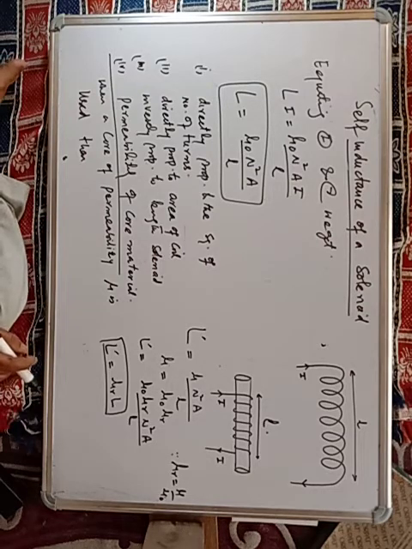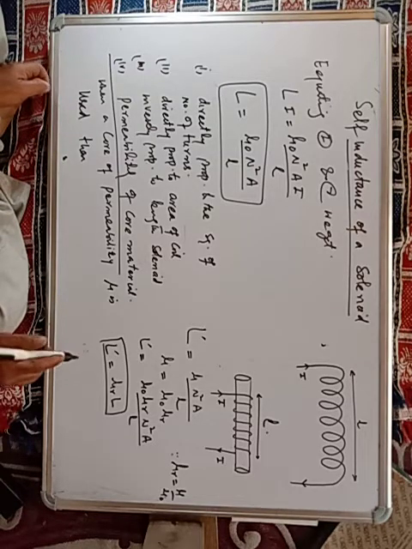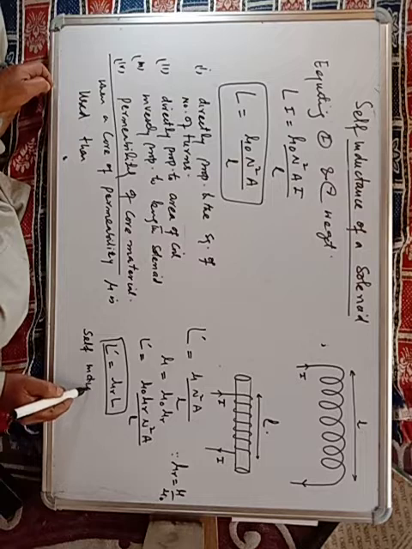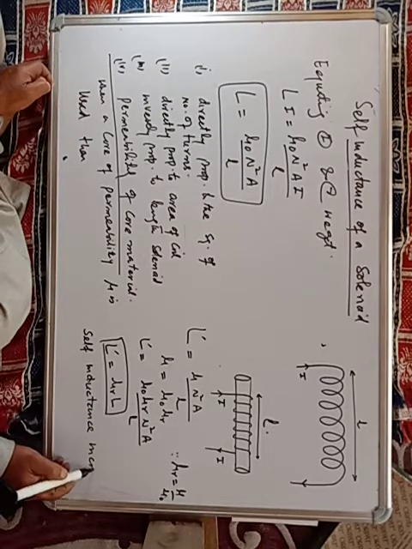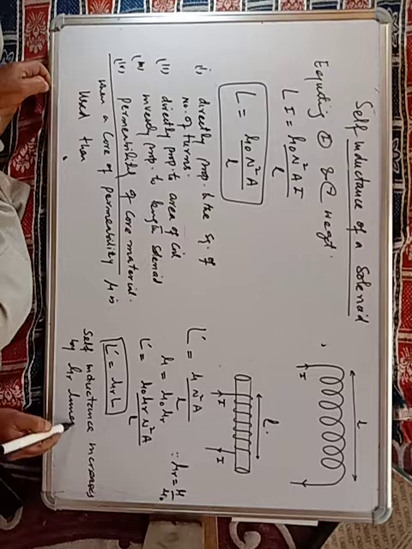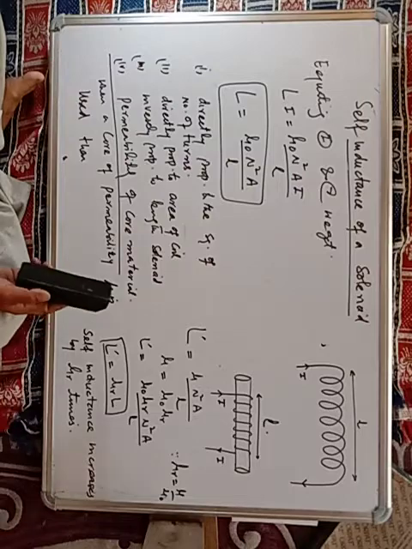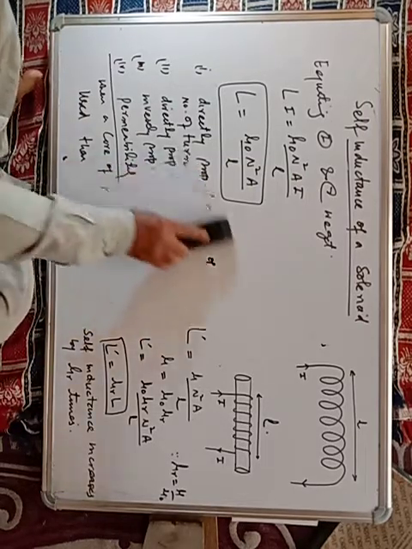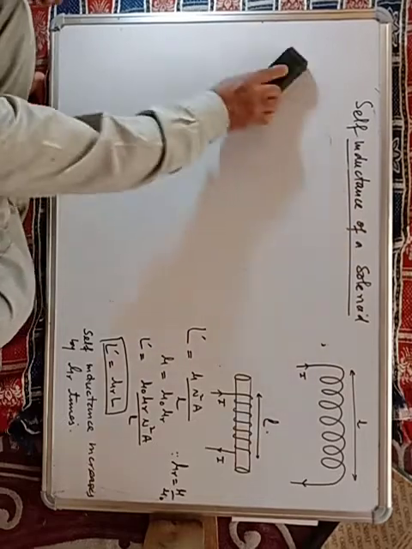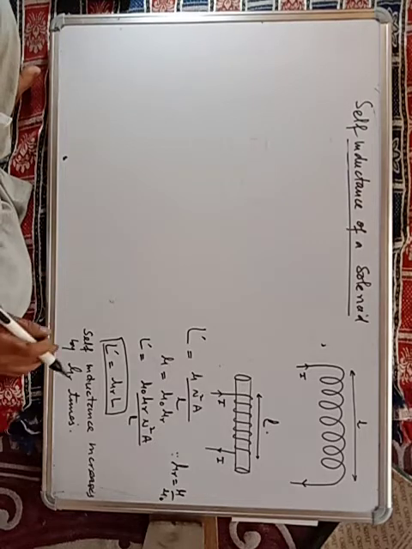Self-inductance will increase by mu r times. That is, with the relative permeability of the core material, the inductance increases accordingly. Right? Now we are going to discuss one or two more points.